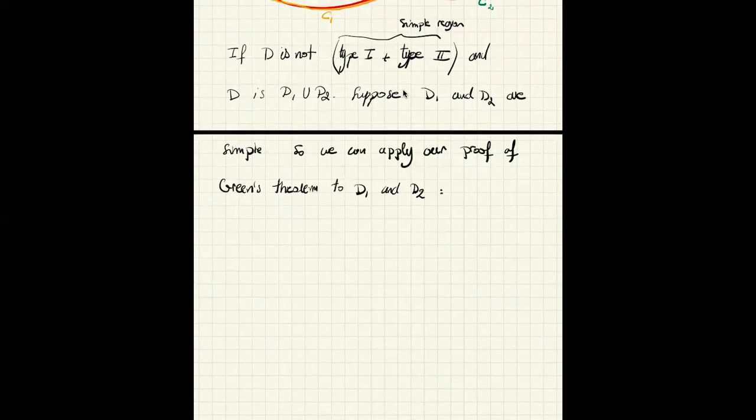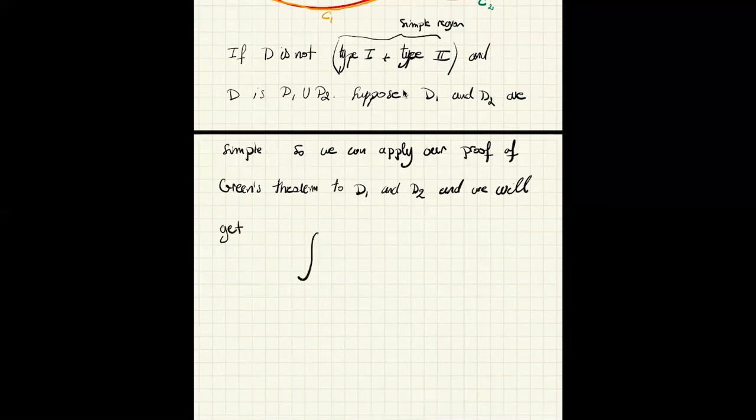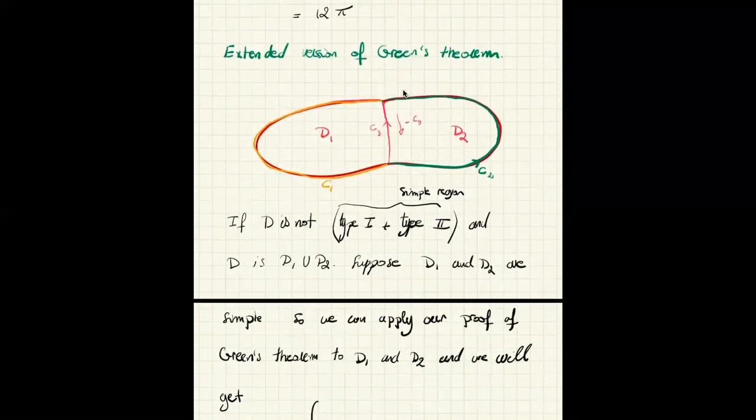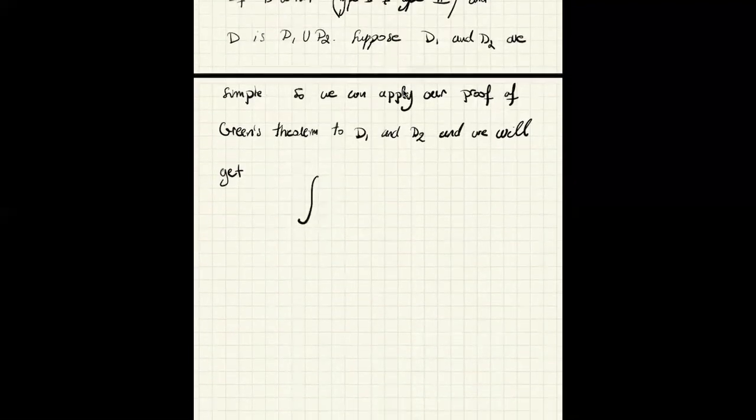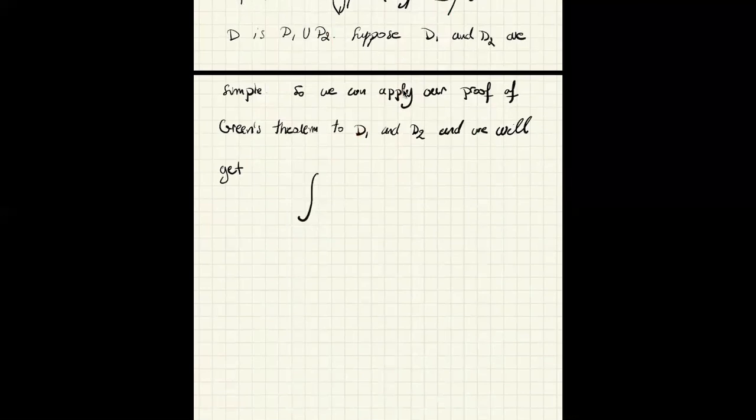Read the notes for this, it's not hard. You apply it for D1, and you apply it for D2, and then because of this, C3 and minus C3 cancel out, and you will realize that the theorem is still true for the whole region, even though it's not simple.